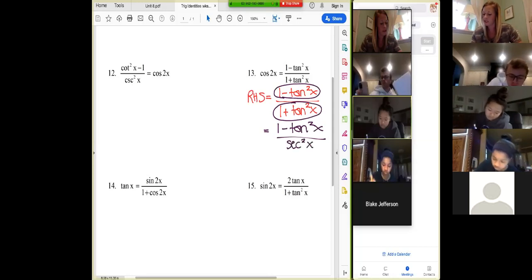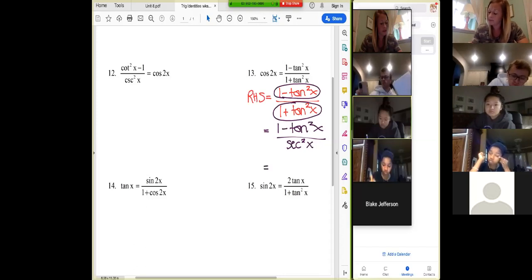Now, here's my issue. If I'm looking at my answer right now, I'm trying to get to cosine of 2x. If you look at your cosine of 2x identities, what do all of them have to do with? Either cosine or sine. Currently, as we stand right now, I have no cosines or sines in my work here, which is not a great thing. So that tells me I should probably make some replacements.